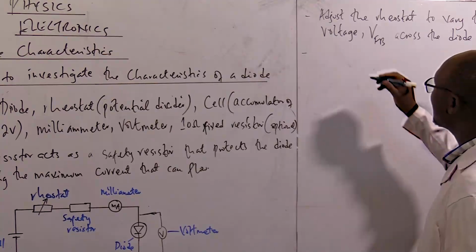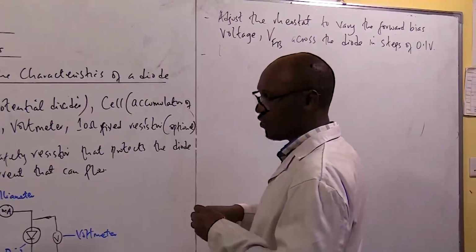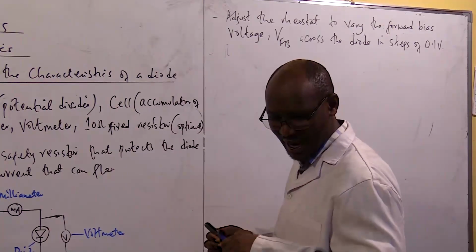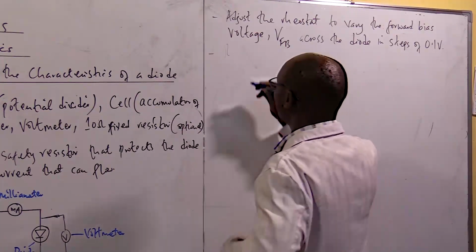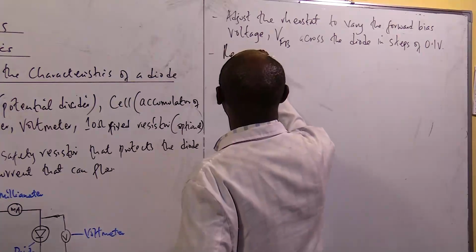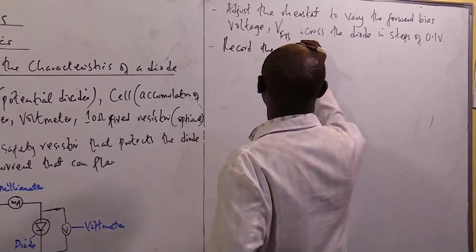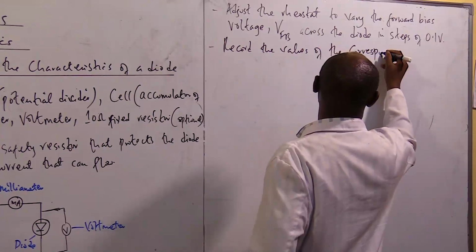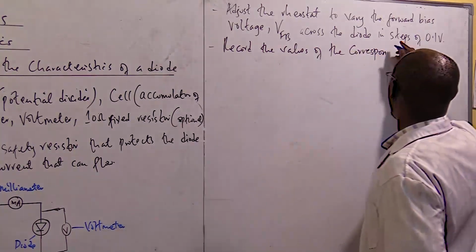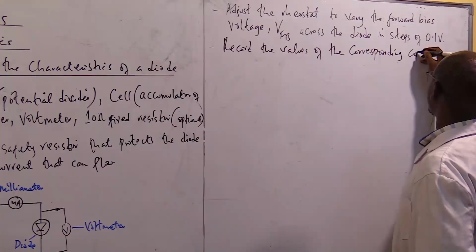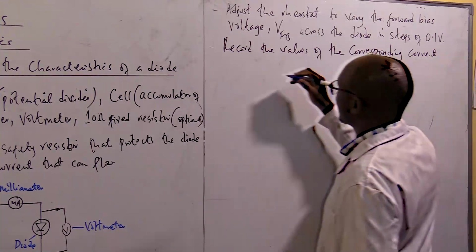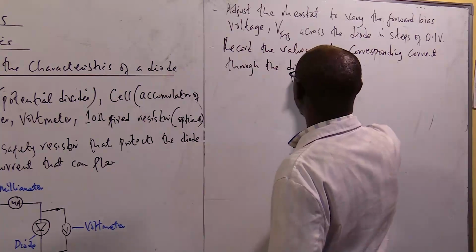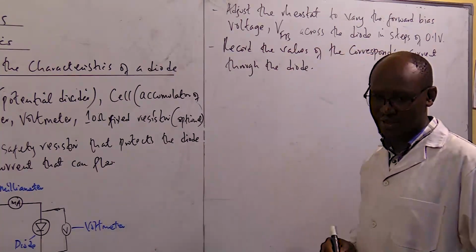So you record the values of the corresponding current through the diode. So that is very, very important.